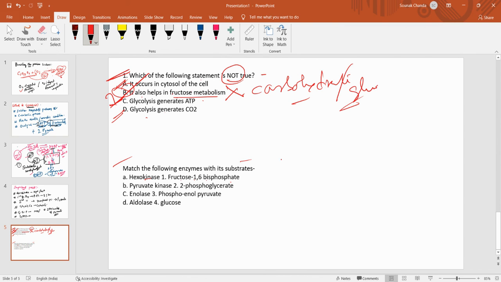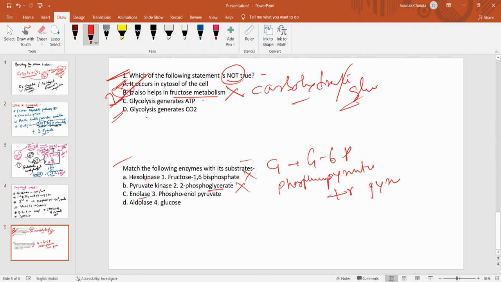Hexokinase basically converts glucose to glucose 6 phosphate, not fructose 1,6 bisphosphate. So option 1 is absolutely wrong. Pyruvate kinase to 2 phosphoglycerate. Basically pyruvate kinase converts phosphoenol pyruvate to pyruvate. So option 2 is also wrong.